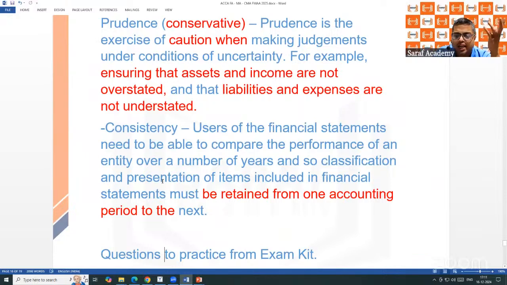Consistency we need to maintain, otherwise no comparison will be possible. If we want to do the comparison, then only the purpose of users of the financial statements we can cover. Purpose of accounts is what? Users can take informed decisions. So if the consistency is not there, comparison is not possible.